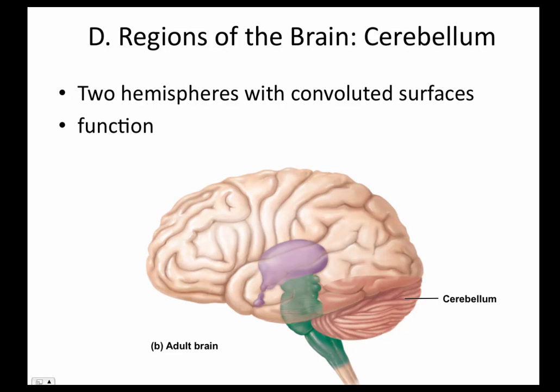Final region of the brain we're going to cover is the cerebellum, and this kind of looks like a mini brain on its own. It's filled with lots of convoluted surfaces, and the function of this is for involuntary coordination of body movements.